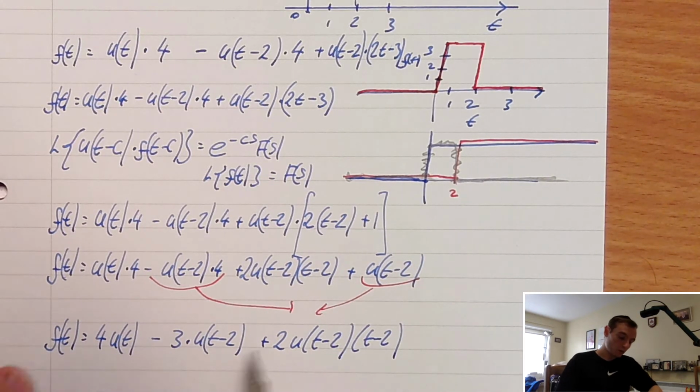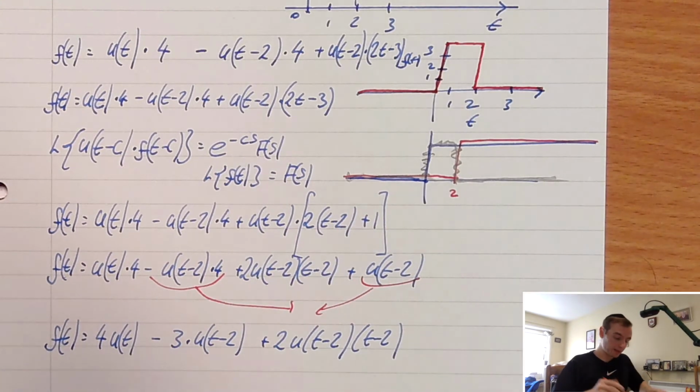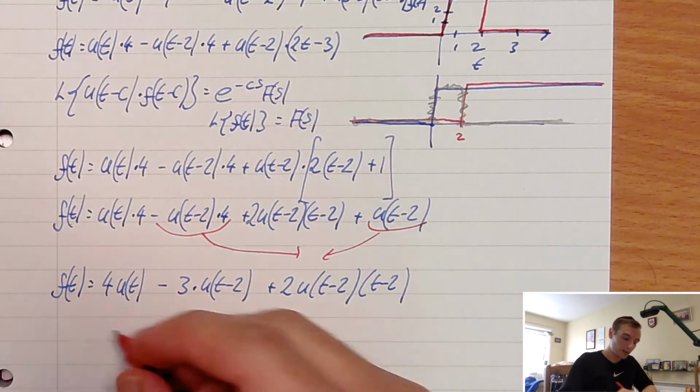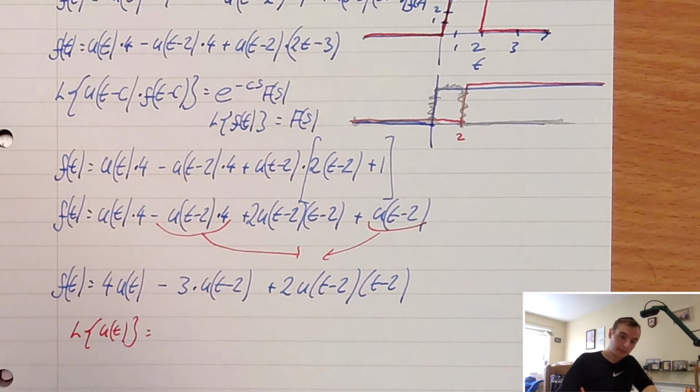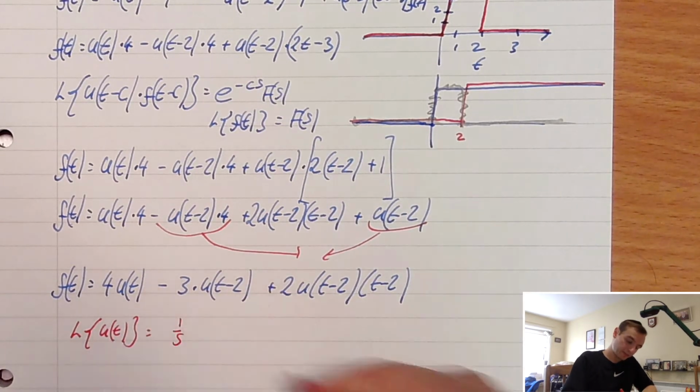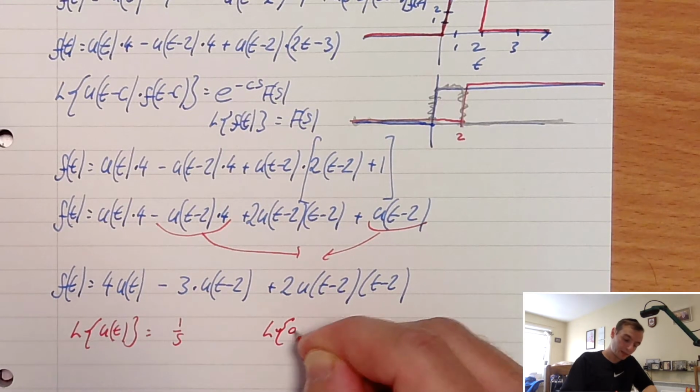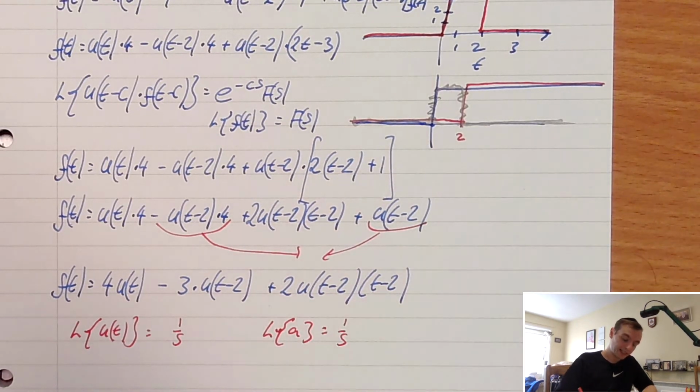Now, all we have to do, remember on the principle of linearity, we can say that if we want to know what the Laplace transform of f(t) is, of this entire expression, that's going to be identical to the Laplace transform of each individual component. So do you remember before we said that the Laplace transform of u(t) is going to be 1/s? Yeah, because the Laplace transform of 1 is 1/s.